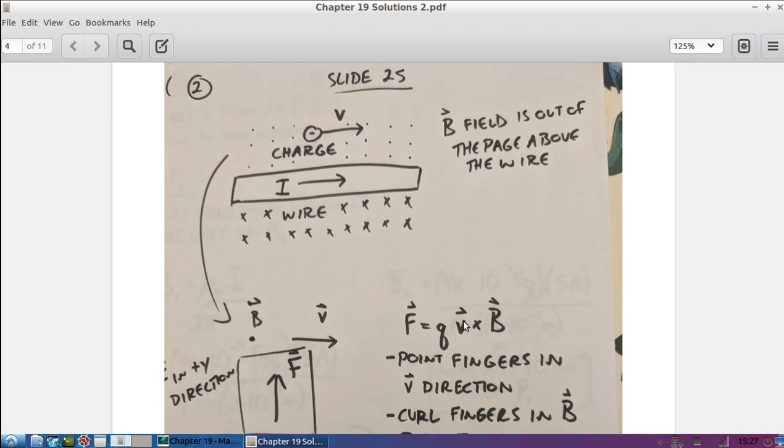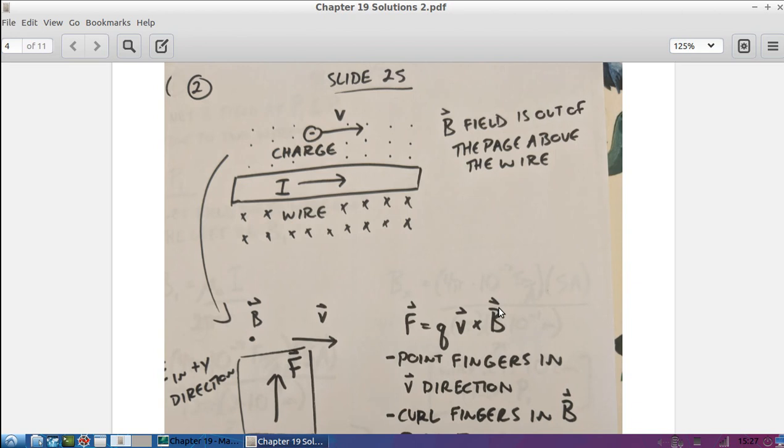So my second right-hand rule is fingers in the direction of V, curl them in the direction of B. Now this is a little bit awkward, so I still have to use my right hand. I point the fingers of my right hand in the direction of V. My palm is kind of facing me. So my fingers are in the positive X direction. They're pointing to the right. My palm is facing me.